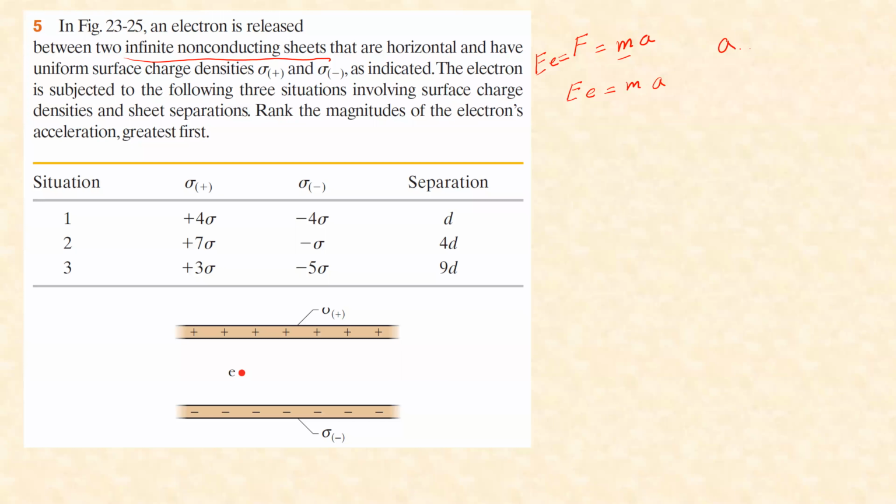Therefore, the acceleration is proportional to the electric field: E over M times the electric field. E and M are constant, the same for the electron, so the larger the electric field, the larger the acceleration. The question is, which one creates more electric field? Situation 1, 2, or 3?